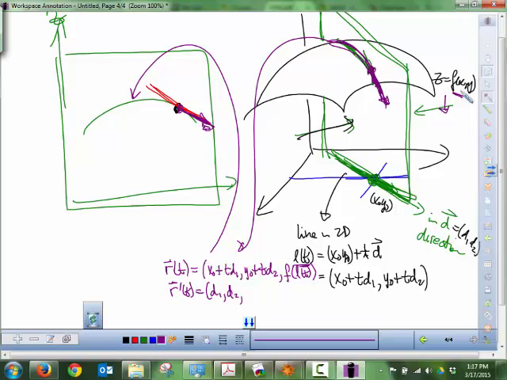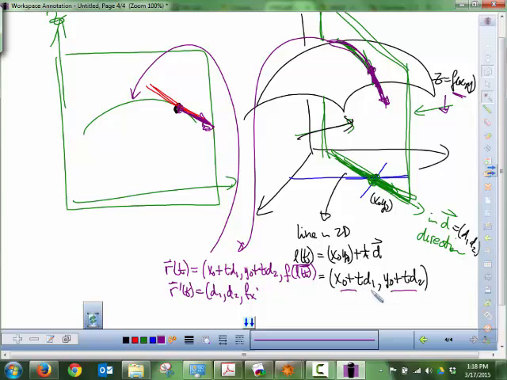We need the partial of f with respect to x times the derivative of each one of these things, right? So it's the partial, I'm going to use the other notation, fx times x prime.